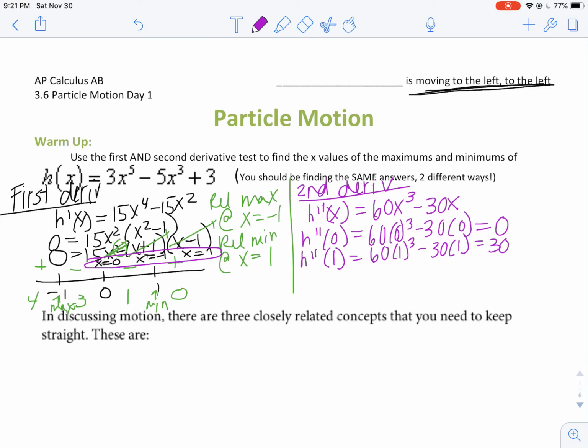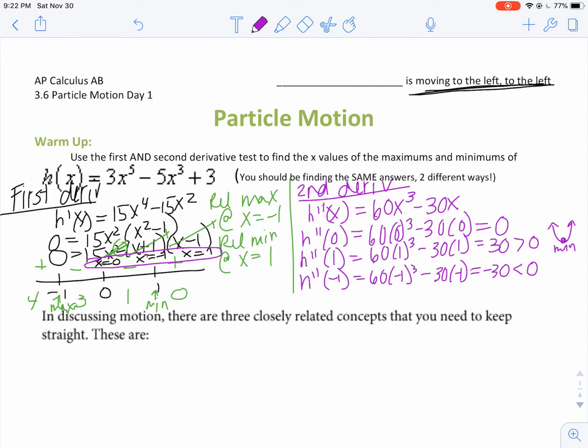H double prime of 1, we sub in 1. Okay, so we see that that is 30, which is a positive number. It's greater than 0. So that means it would be concave up, like a cup. So if it's positive, think happy face, that tells you that there's going to be a relative min there. And then h double prime of -1, we get 60 times -1 cubed minus 30 times -1, and that's -30, which is less than 0.